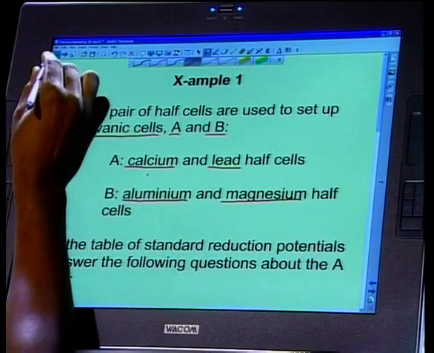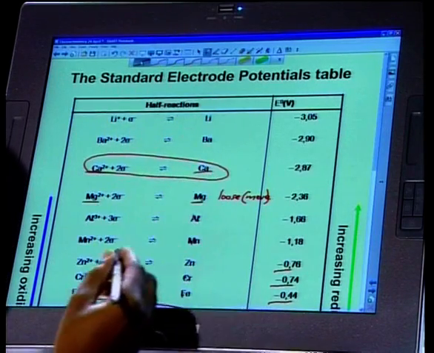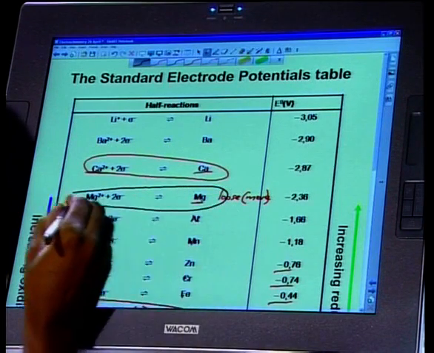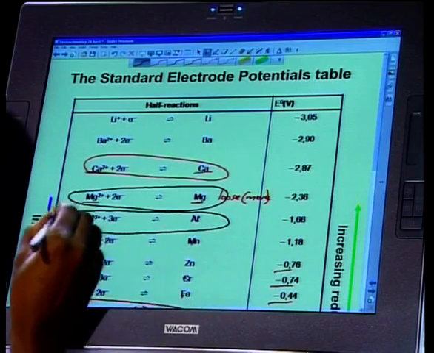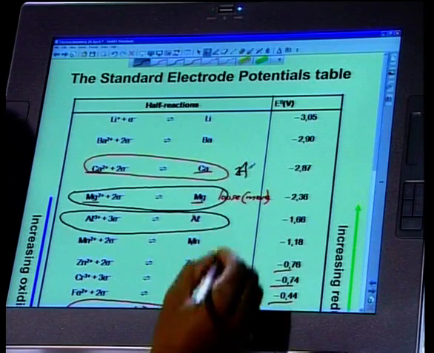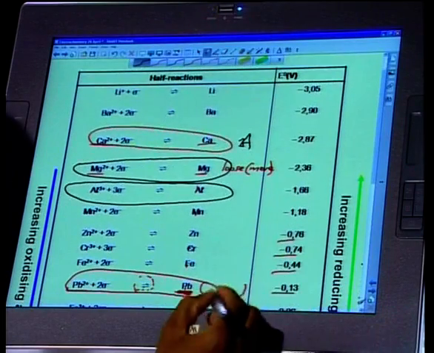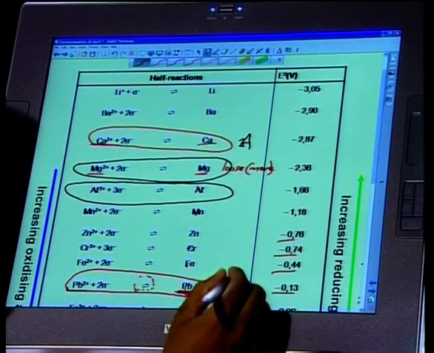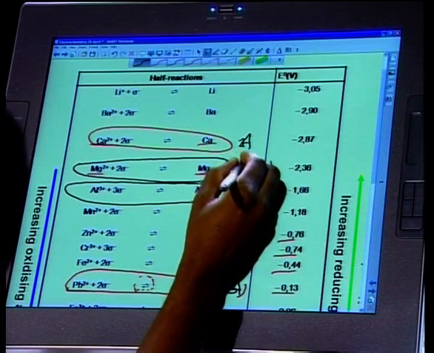We've got aluminium and magnesium. Let's use a different color for magnesium and aluminium. So there is magnesium there, and there is aluminium. So this is our cell 1 or A, and this is B.